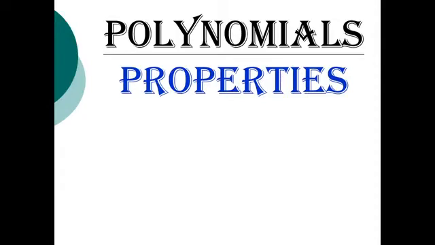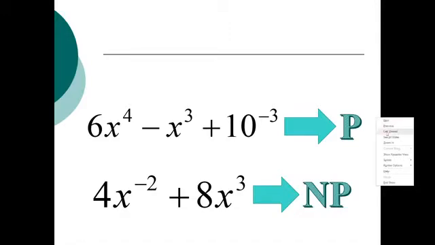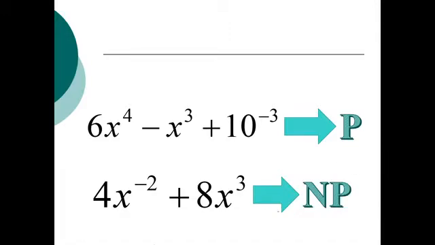Okay, to start with, let's have the different properties of a polynomial. If I'm going to give you these two expressions here, the first one is a polynomial. The second one is not a polynomial. Why?